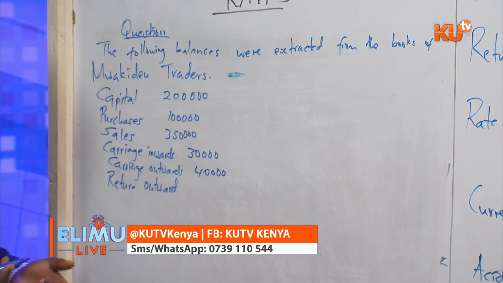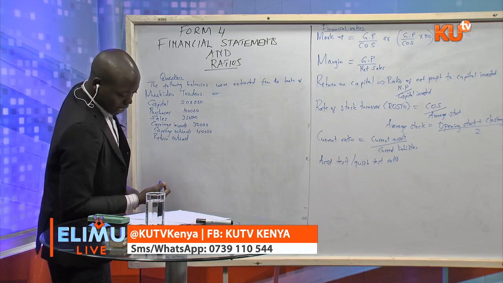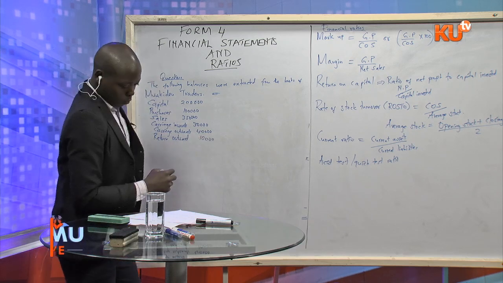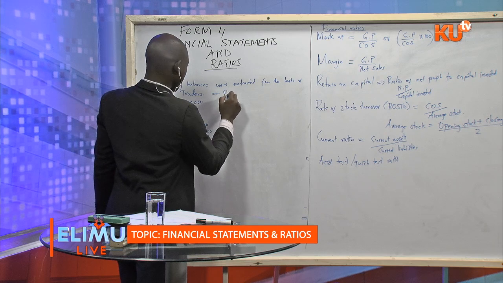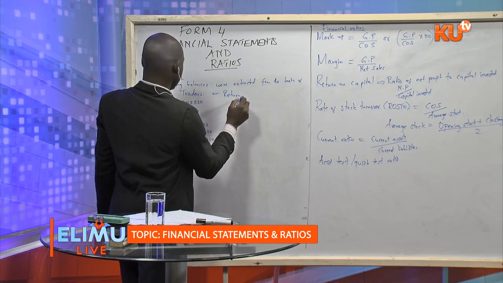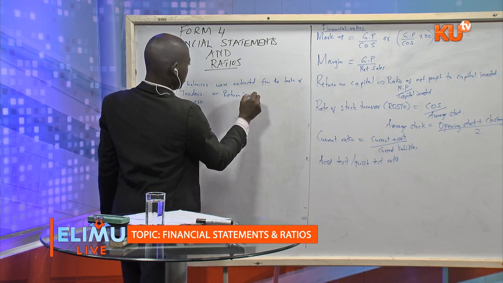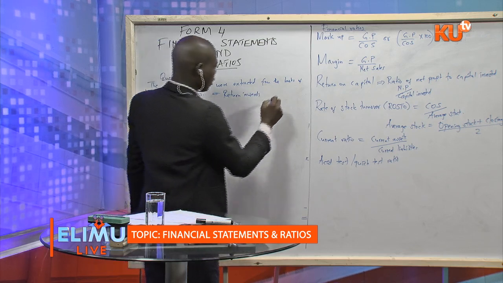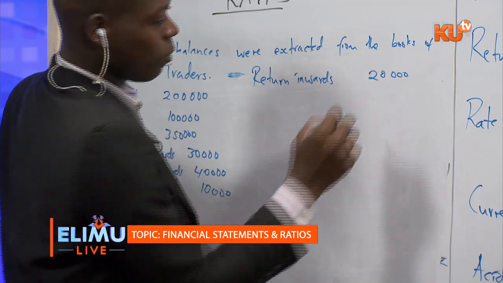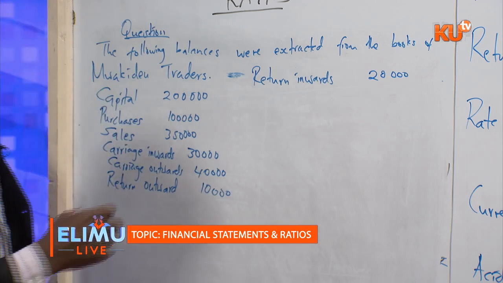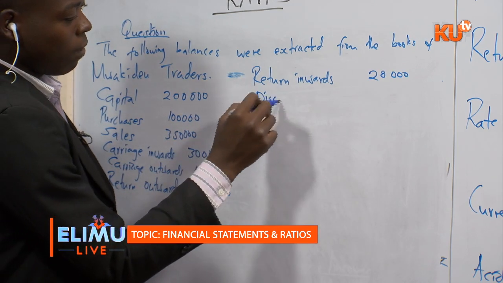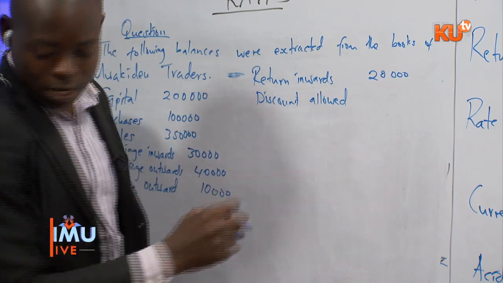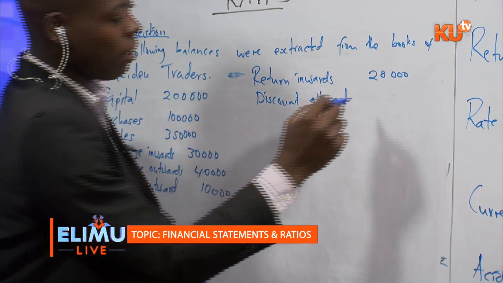Remember, returns outward means purchases returns, and that's given as 10,000. We have returns inwards given as 20,000. And then we have discounts. We have discount allowed, which is given as 60,000.